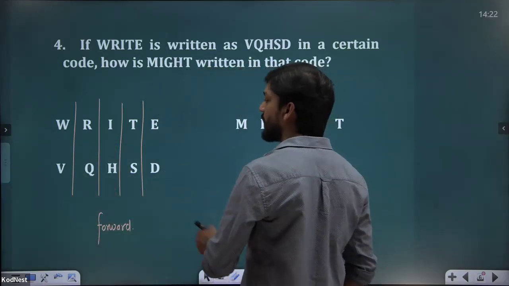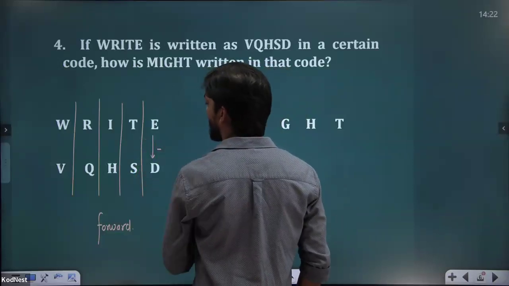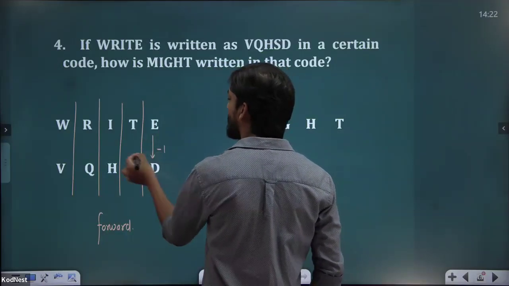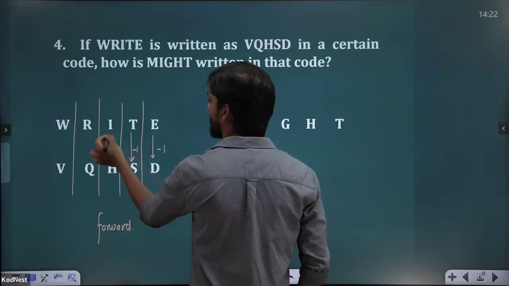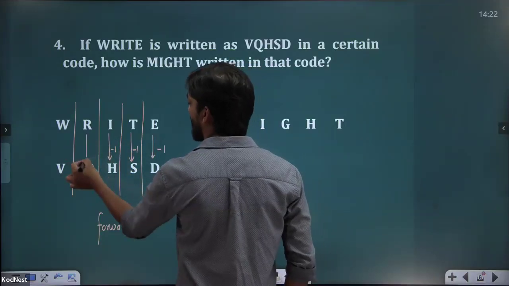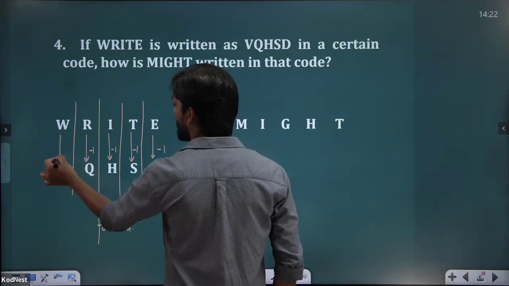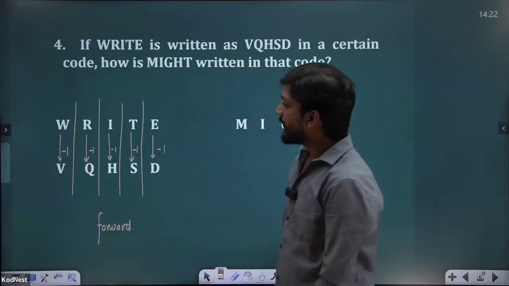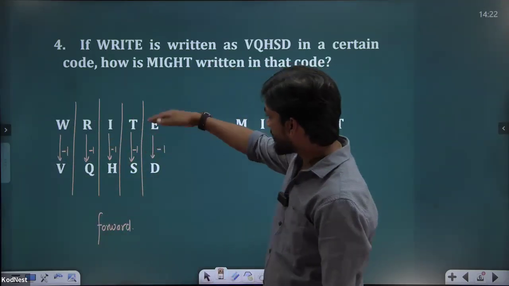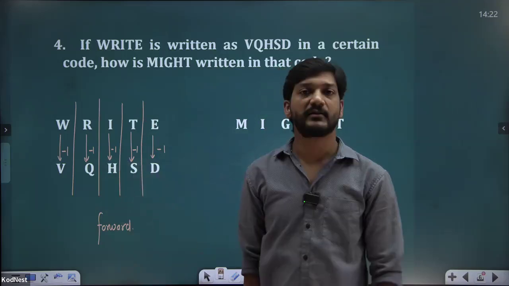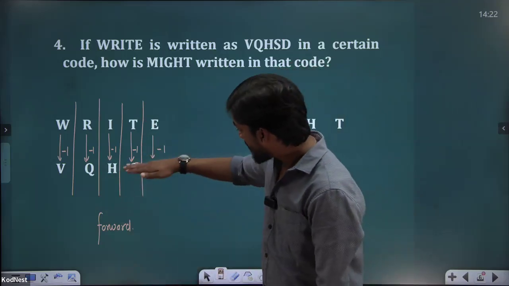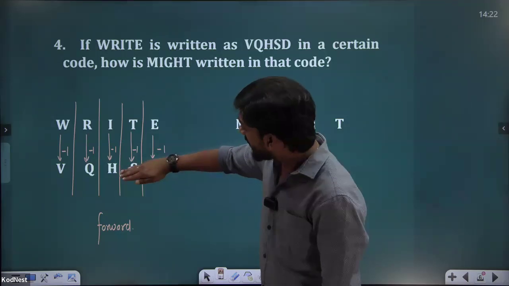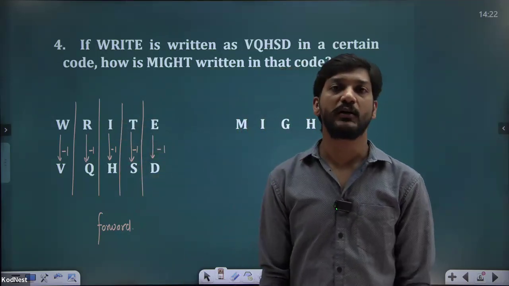If you carefully see, previous letter of E, E minus 1, will be D. Previous letter, again previous letter, previous letter. If you see with respect to top letters, we have written the previous letter as the code. Or if you see with respect to the bottom values, the next letter is the code on the top.